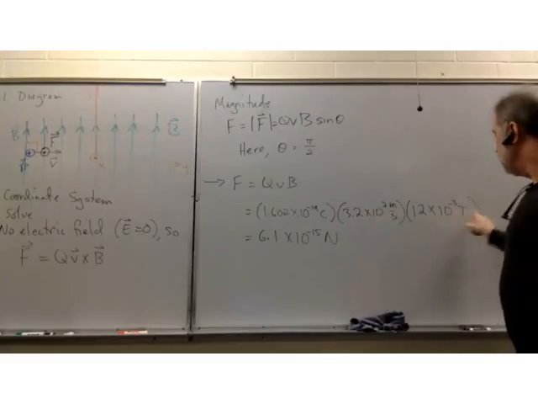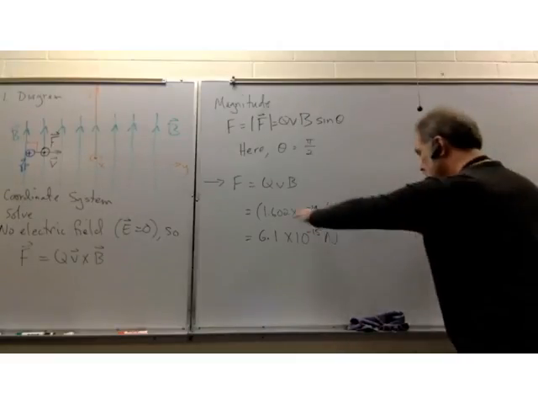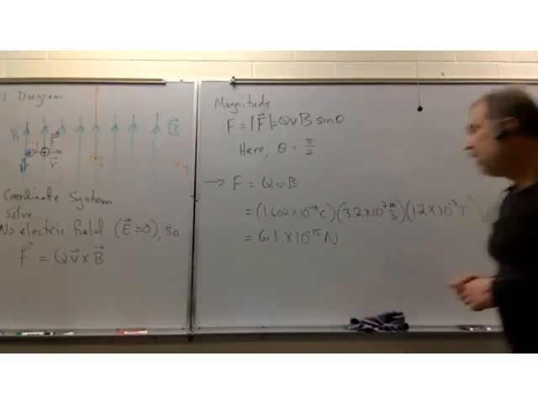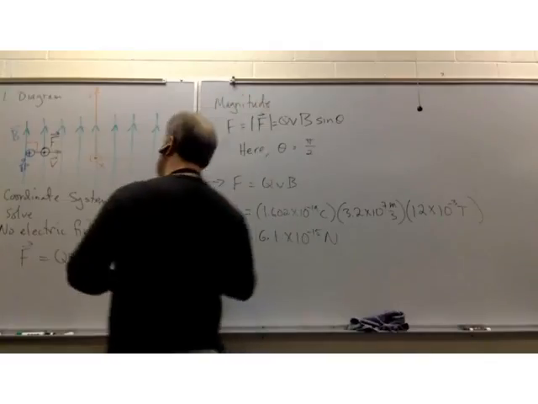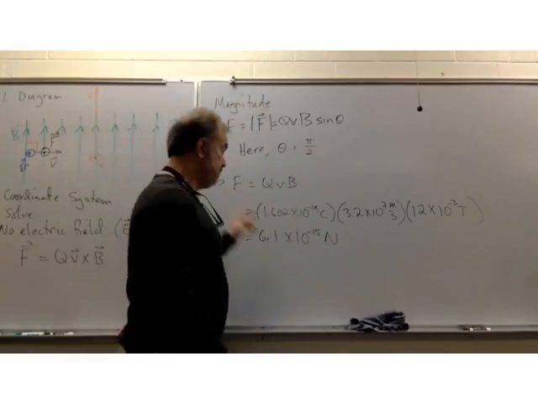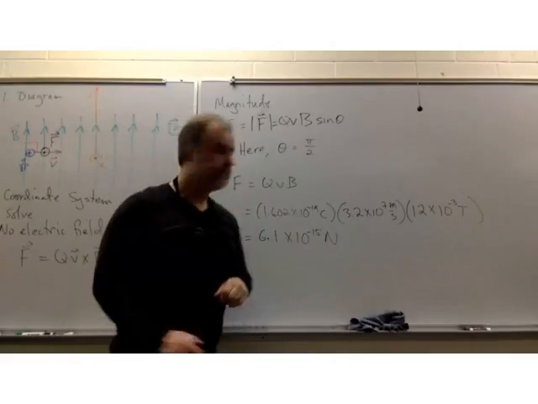Think about what Tesla has to be in order for the right-hand side to end up with units of newtons. You can work that out. Anyway, the final answer to the problem is that the magnetic force on the proton has a magnitude of this, pointing that way.